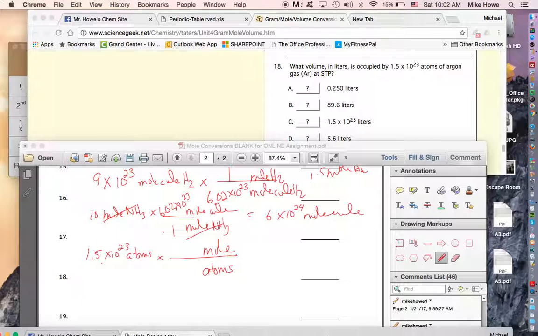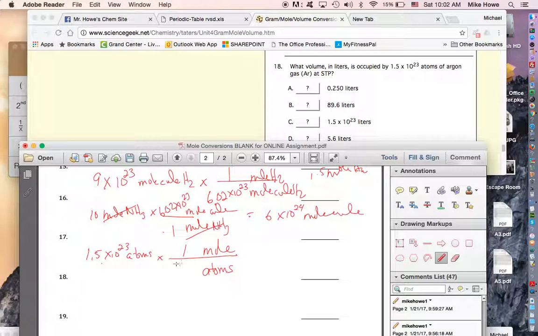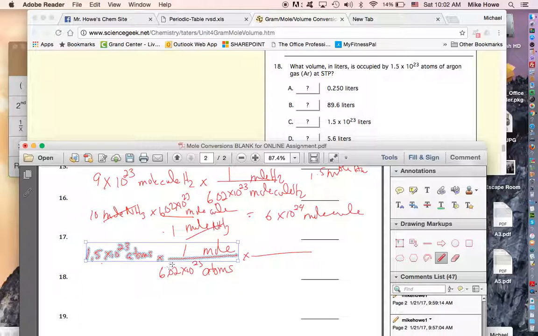All right, so step 1 is 1 mole on top. And on the bottom, we know that there's 6.02 times 10 to the 23rd atoms. Step 2, we need to get rid of moles now. See, we just canceled out atoms. So atoms are gone. Whoops. Got my finger on the wrong button there. Okay, atoms are gone.